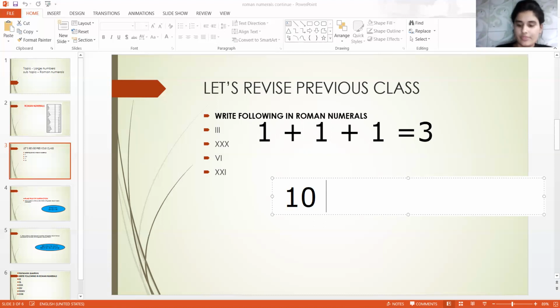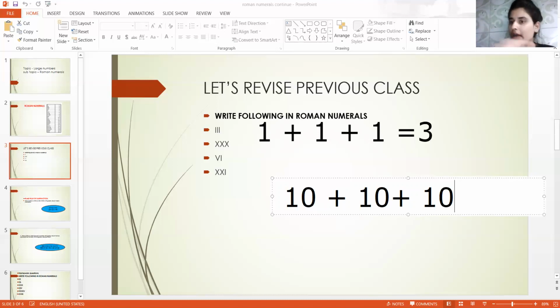X is 10, so we add another 10, then again plus another 10. Why? Because here we have 3 X's, so we write 3 tens and then add them. 10 plus 10 plus 10, that is 30.